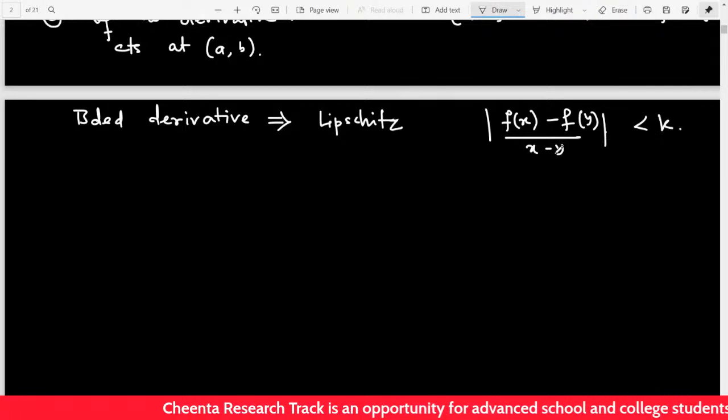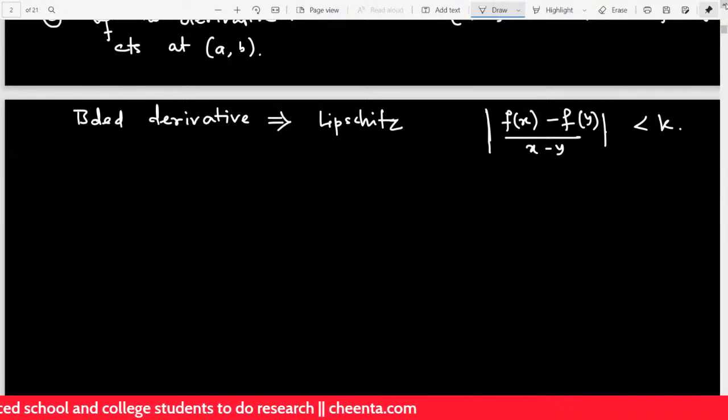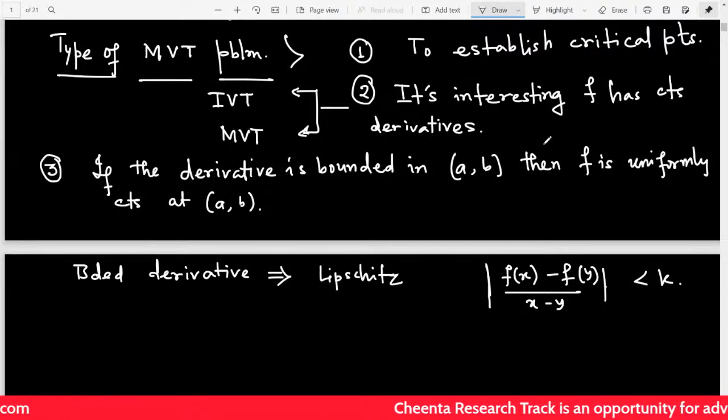This is the bounded derivative scenario. If you take mod x minus y here, then you will get the Lipschitz function. It's a bit vague, but I am not going into too much problem solving discussion in today's session. But these are some of the types of MVT problems that you might look for.